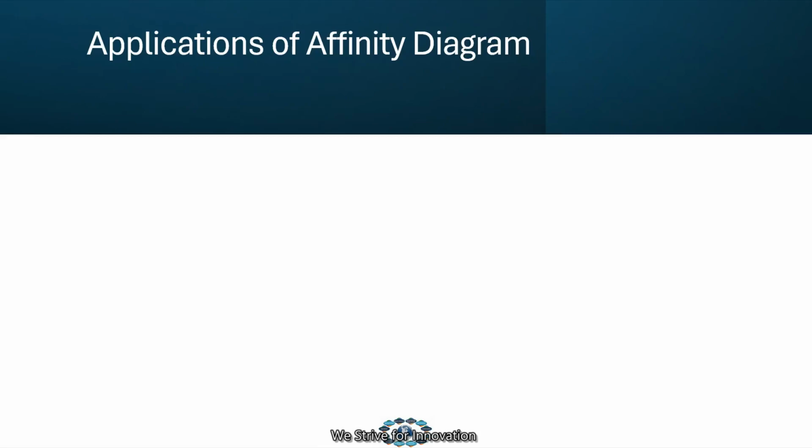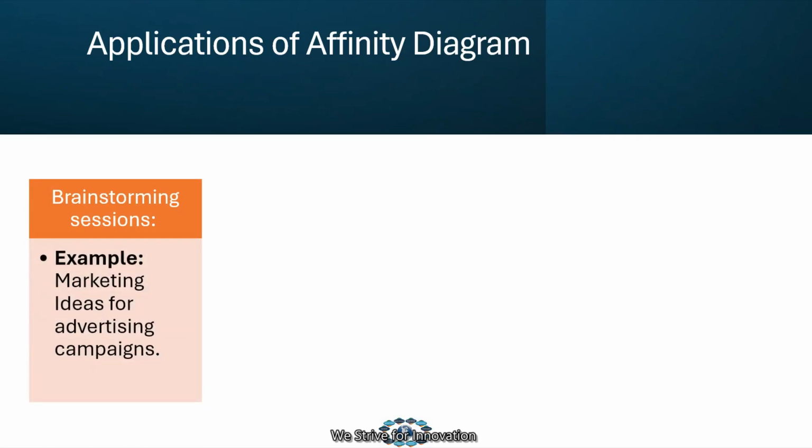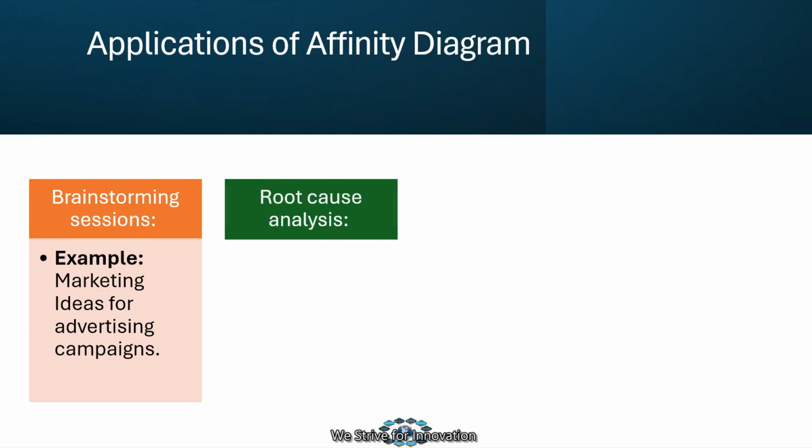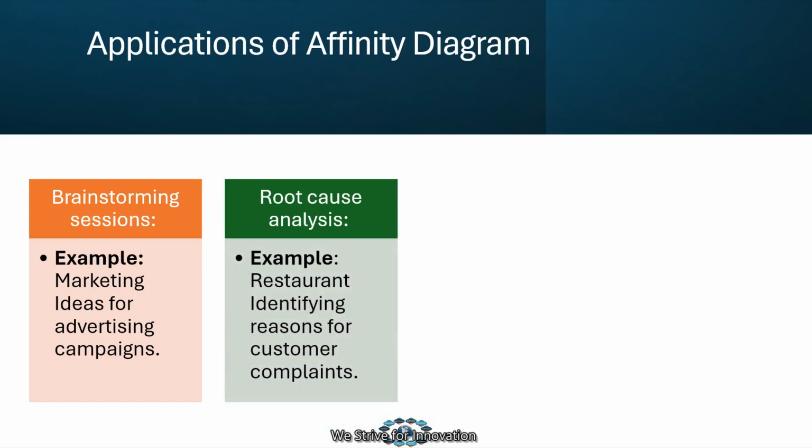Now, the applications where the affinity diagram will be applied. Brainstorming sessions: a team can use affinity diagram to organize ideas generated during brainstorming sessions, as seen, for example, in a marketing department brainstorming ideas for a new advertising campaign. Also in root cause analysis, affinity diagram can help identify underlying causes of a problem, such as identifying reasons for a customer complaint in a restaurant setting.